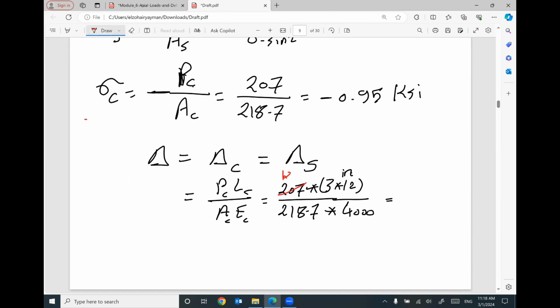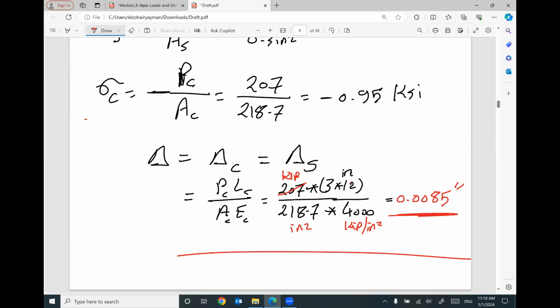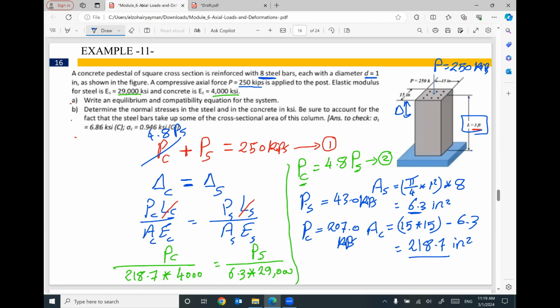This one in kip, this one in inch, this one in inch square, this one is kip per inch square. So we are good. So 207 times 3 times 12 divided by 218.7 times 4,000. The value will be 0.0085 inch. This is the final contraction in the composite column, which equals 0.0085 inch.